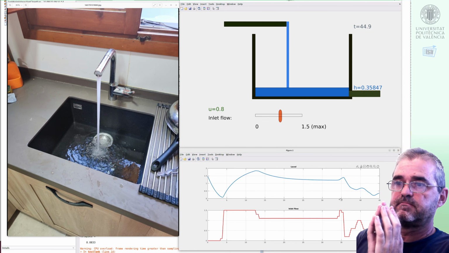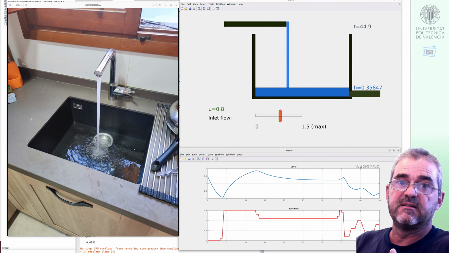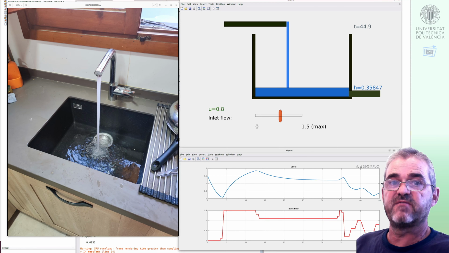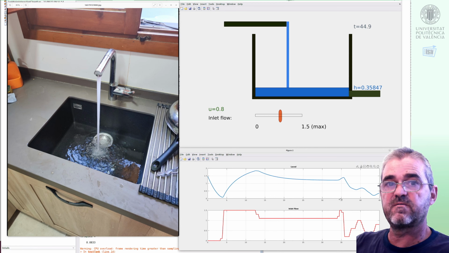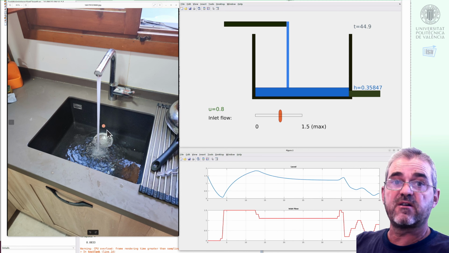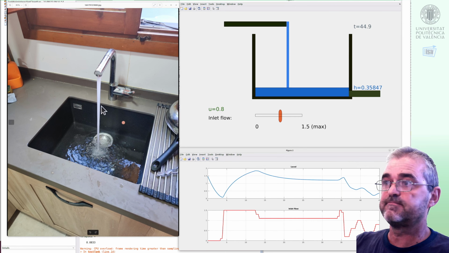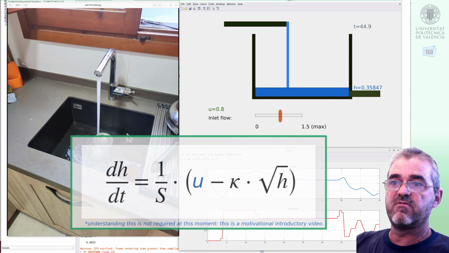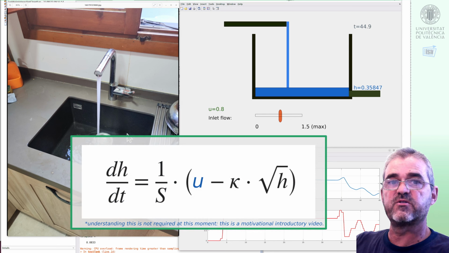Okay, so what's next? Well, roughly 3 centuries ago, people invented mathematical models of dynamic systems, and people invented differential equations. So the physics by then argued that you could study this kitchen sink by studying the mathematical properties of this differential equation that you see on screen.